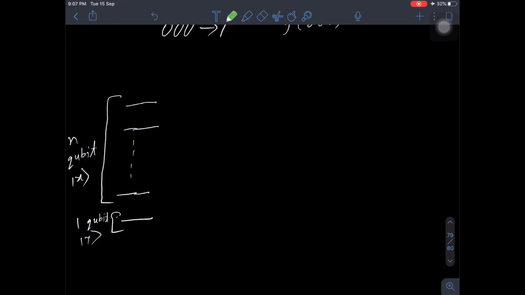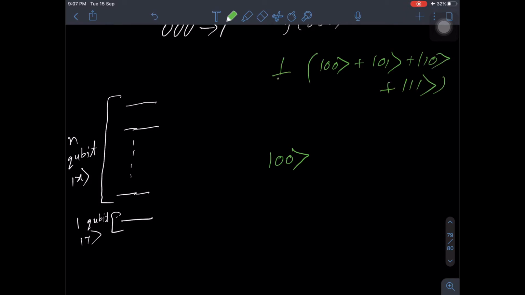So let's say that I give you a 2 qubit system. All right, now what you can do so that it will turn into a superposition of all 4. What I mean by that, it will turn into something like this: 0 0 plus 0 1 plus 1 0 plus 1 1, and the coefficient will be 1/4. Sorry, half.